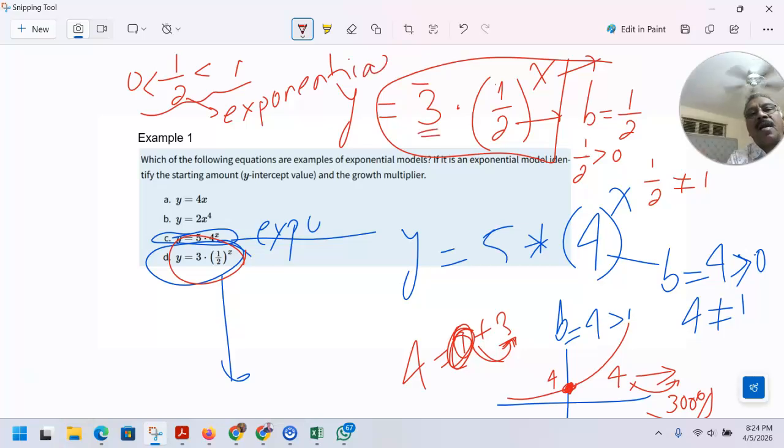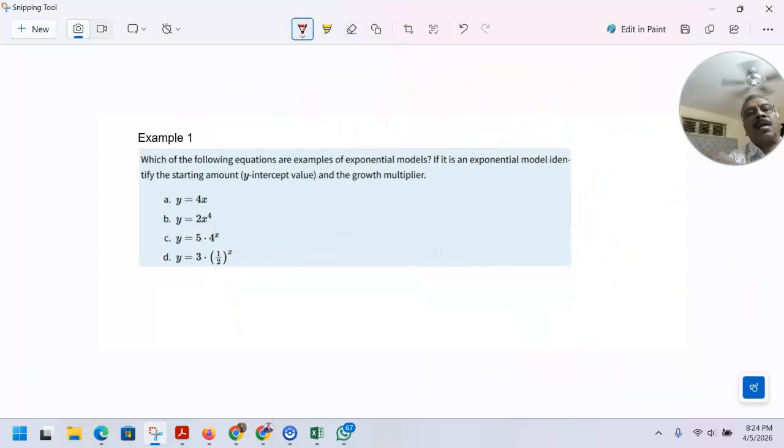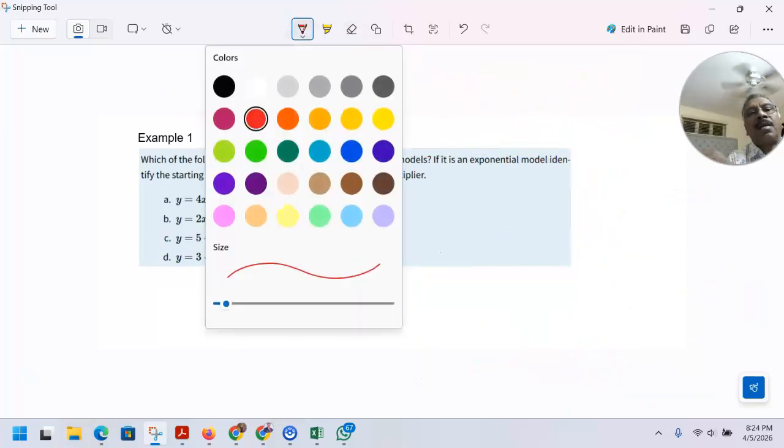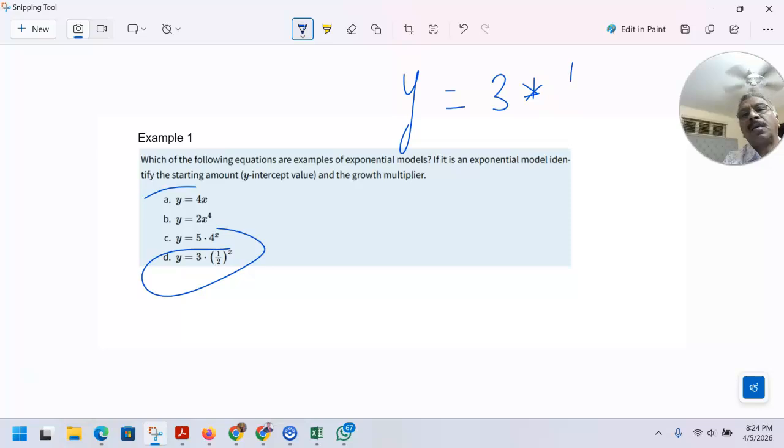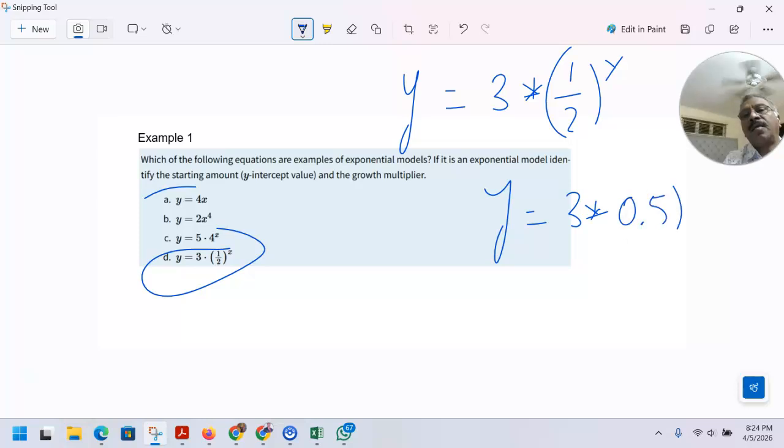So what it means is, it starts at 3. Y is 3. So what does this basically mean? It is 3 times 0.5 raised to x.